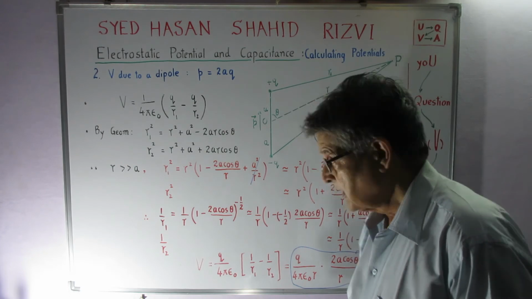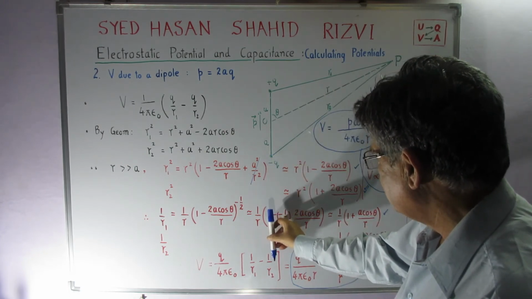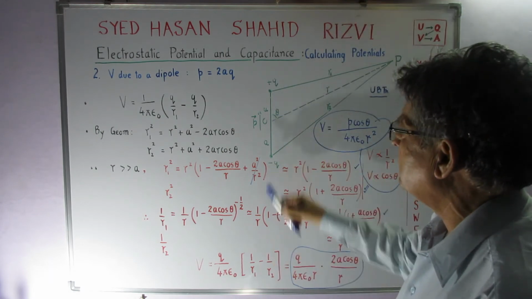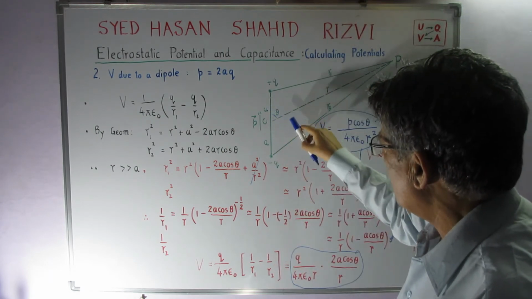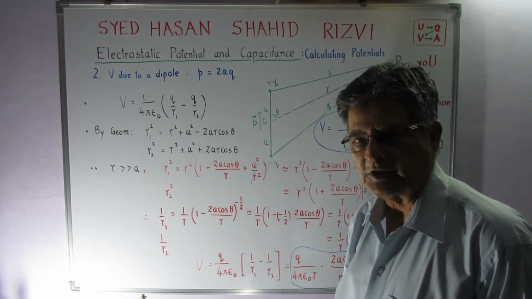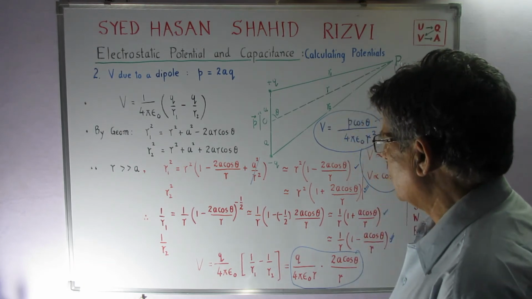But if I take the value on this side, the P is shifted on this side, then the angle it will make now becomes 180 degrees or pi radians, for which cos of pi is equal to -1.